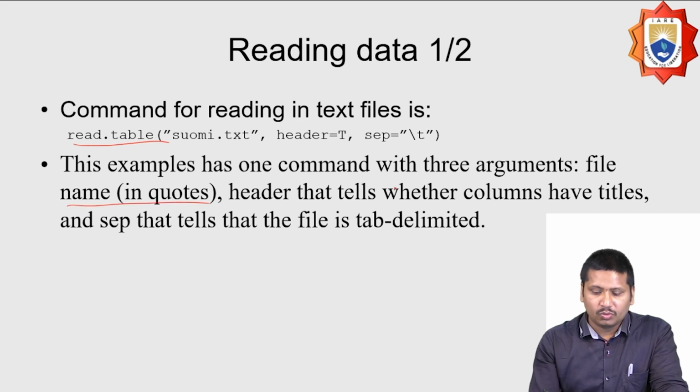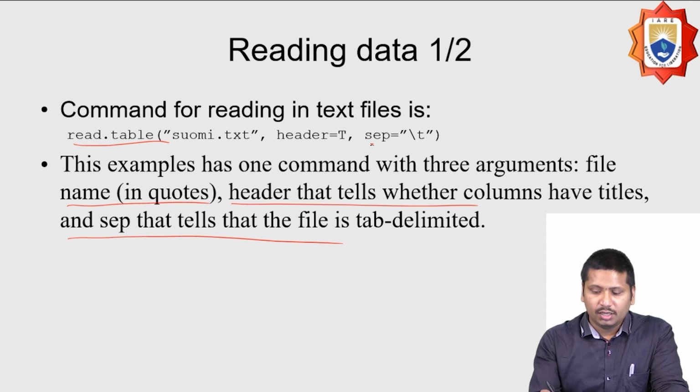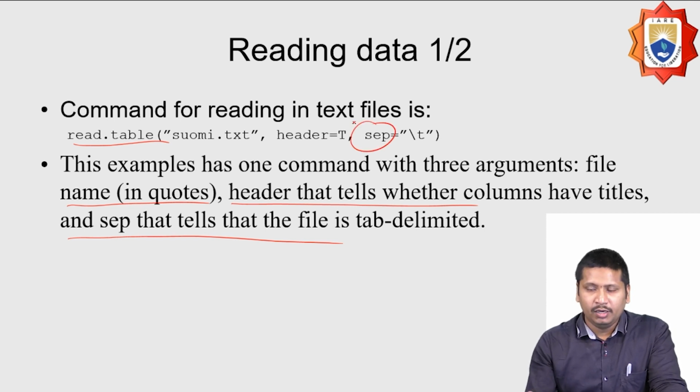File name in quotes; header tells whether the columns have titles; and sep tells that the file is tab delimited. So the command for reading a text file is that.